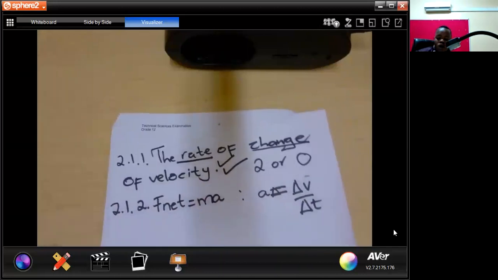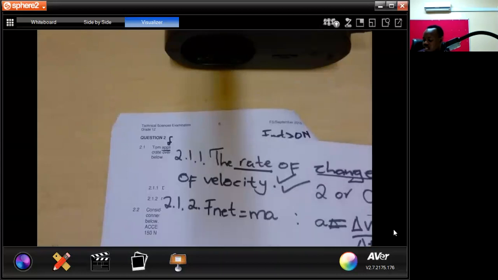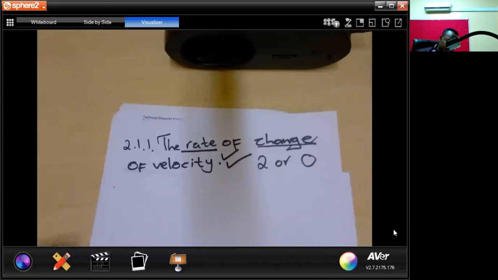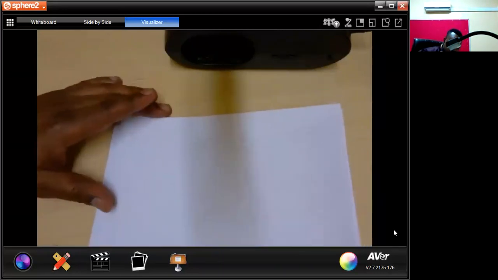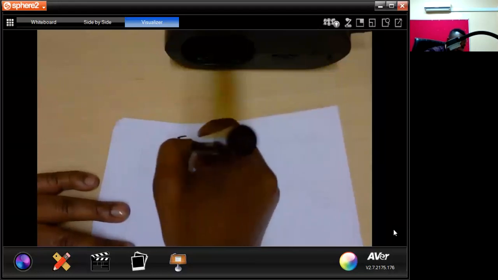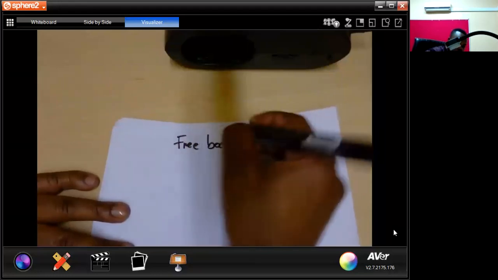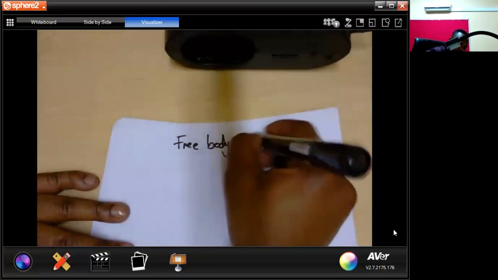Now, before we do our calculation, let us just do something that we call a free body diagram. Let us talk about a free body diagram.